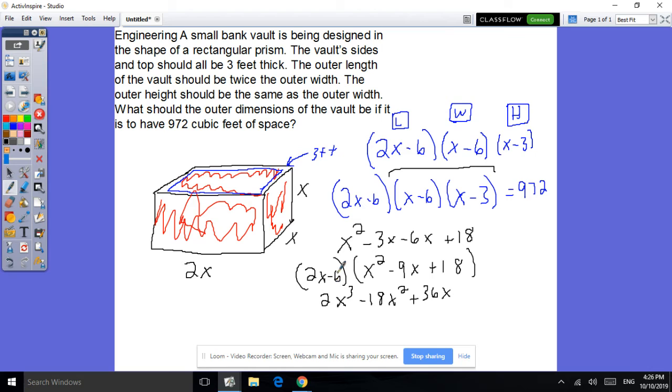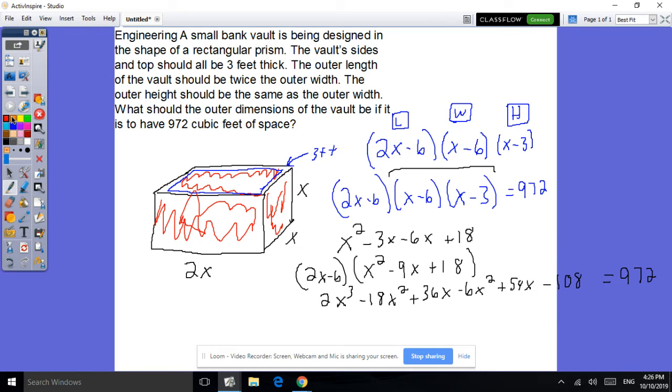Now I'm back over here. Negative 6 times x squared, negative 6x squared. Negative 6 times negative 9x, which is 54x. And then negative 6 times 18, which is negative 108. And all of this is equal to 972.